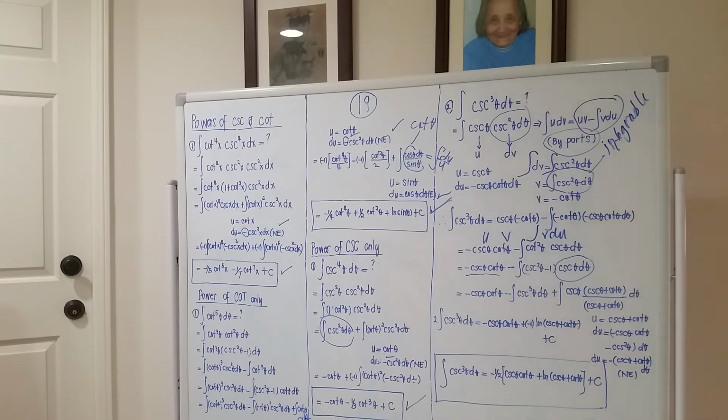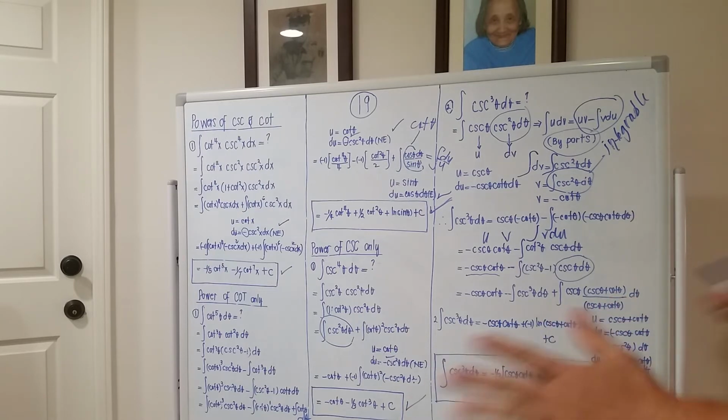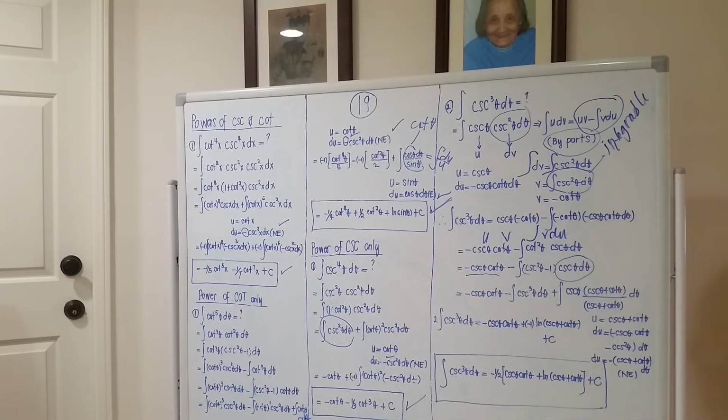Then to expedite a little bit, we are minimizing our space on the blackboard. I will now try to multiply cosecant of theta by cosecant of theta plus cotangent of theta over cosecant theta plus cotangent of theta, times the differential theta. For the cosecant of theta to be integrable, we can introduce this one because this is actually 1.